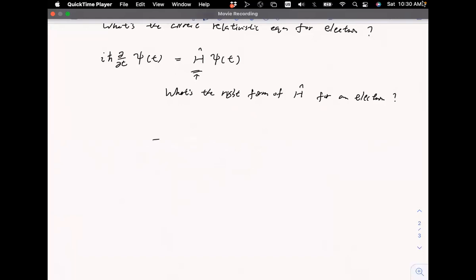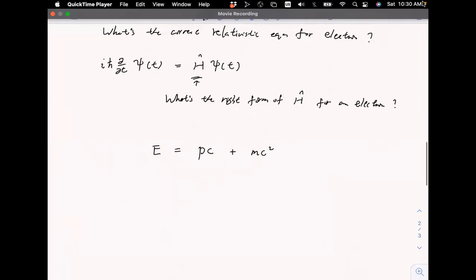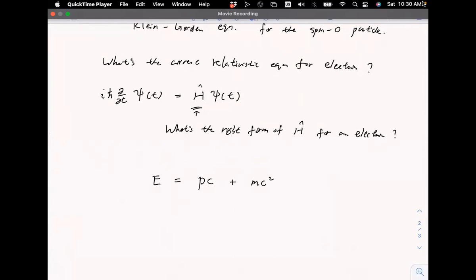Okay, E equal to pc plus m c squared. I mean, originally, you have E squared equal to p squared c squared plus m squared c to the fourth.